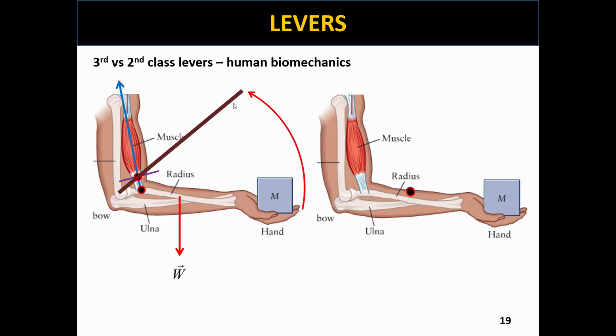So what we see here is that the muscle will have to produce a force much greater than the weight of the forearm, by virtue of the fact that it's a third-class lever. But what this gives the forearm and hand is a wide degree of motion, and that's what allows humans to be functional with respect to extremities.